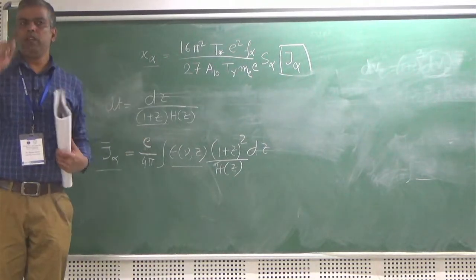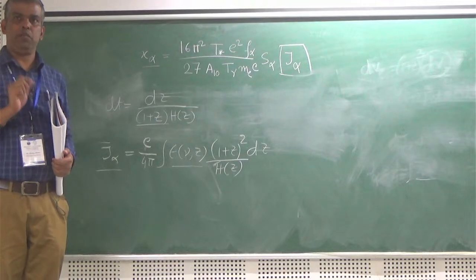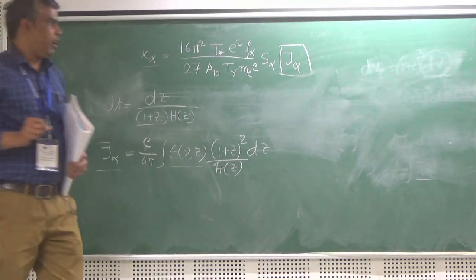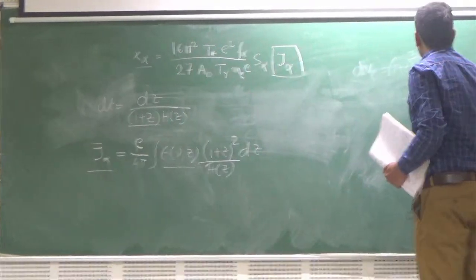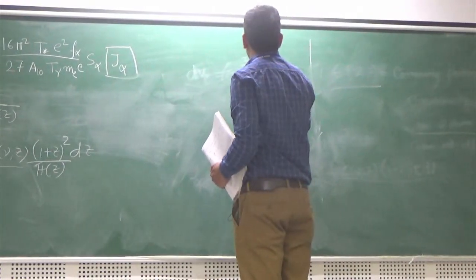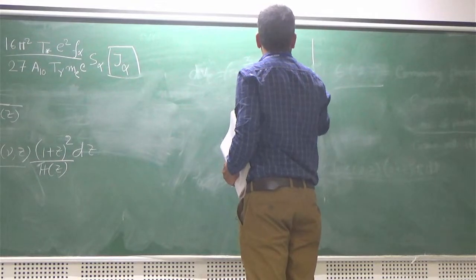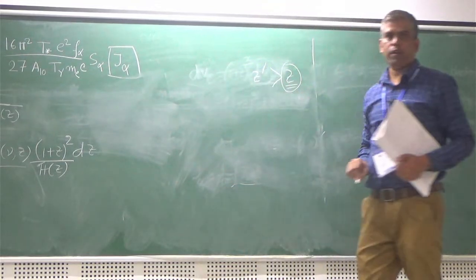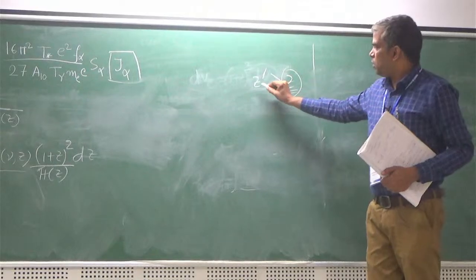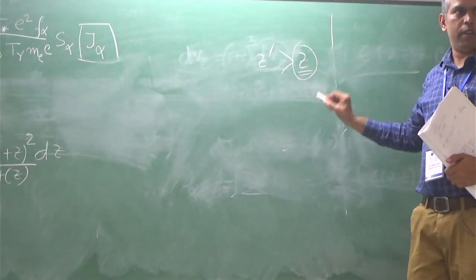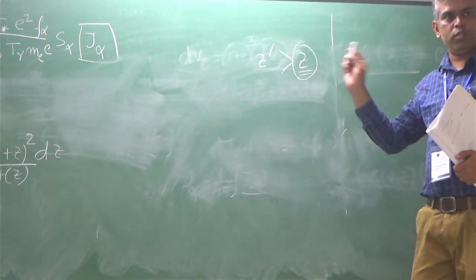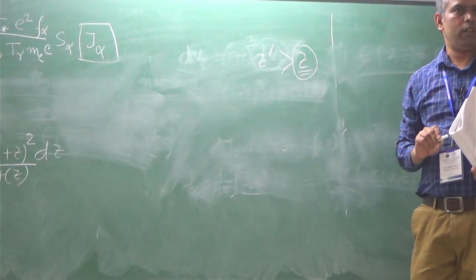We want to calculate the Lyman alpha flux at a redshift z. However, let's say a photon emitted at z prime, which is greater than z. So z is the redshift of our interest. The photons which are emitted at z prime will be redshifted to Lyman alpha at z. So you have to consider those photons as well.